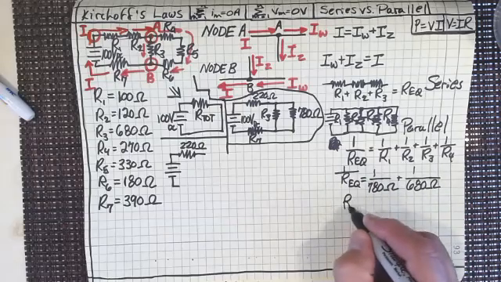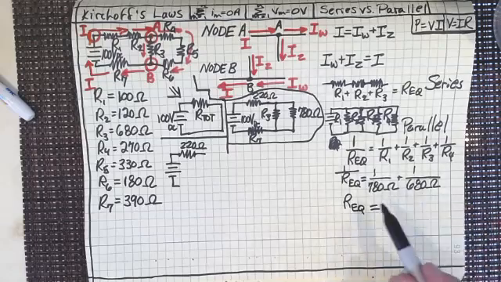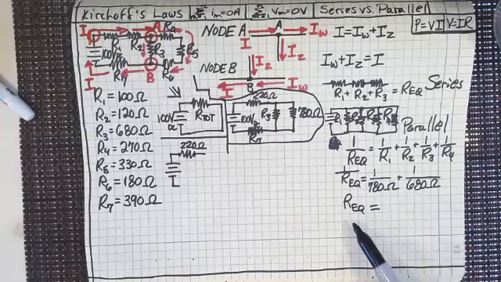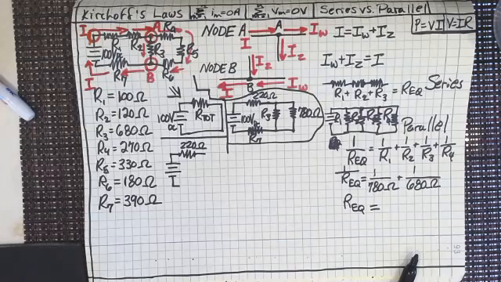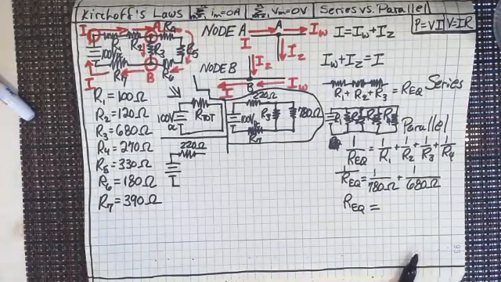So R equivalent is going to equal this, and then we want to take it to the -1, don't we? Because that's what this is, 1 over this, take it to the -1, and it's going to give me our equivalent. I'm going to write it out like that, and then we can put our equivalent right below it. So just a second.